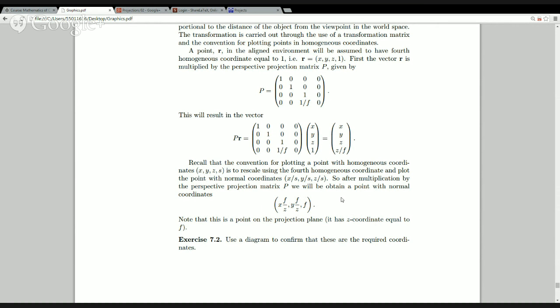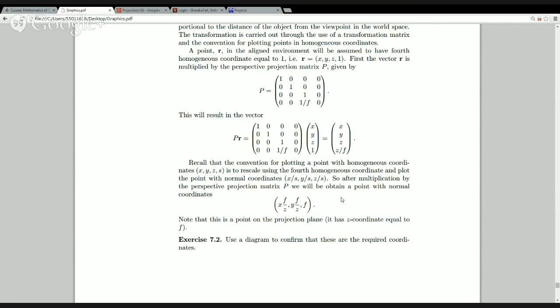And we're also seeing in this diagram the exact y coordinate of R. We can't see the x coordinate because the x-axis is coming vertically out of the page at you, so you can't perceive the x coordinate.